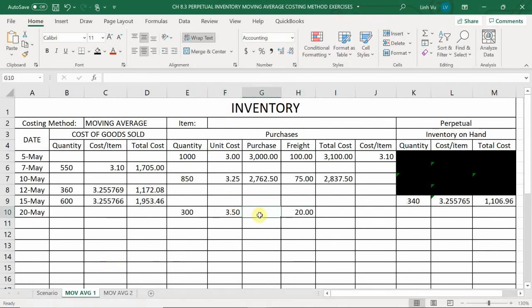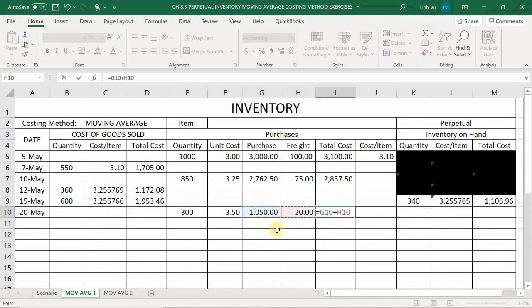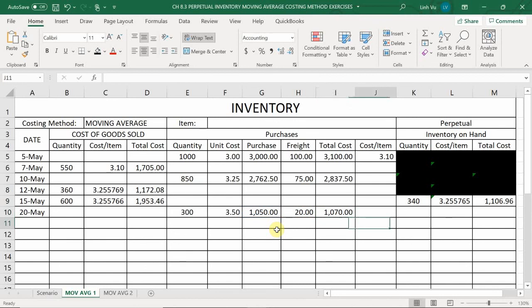So in this case, what's my total purchase price? 1,050. 1,050 plus 20. 1,070.